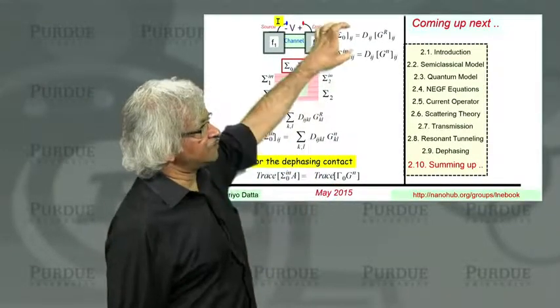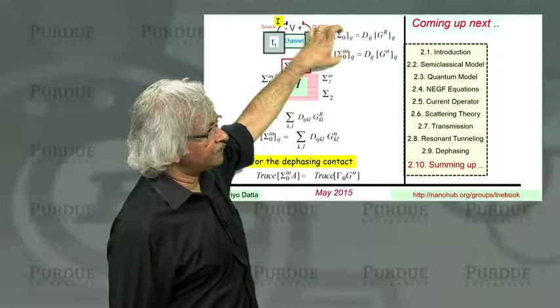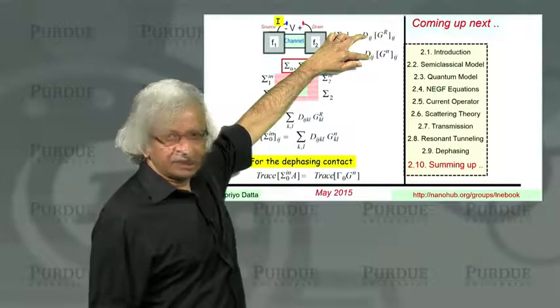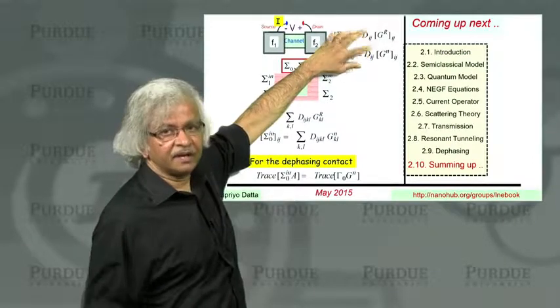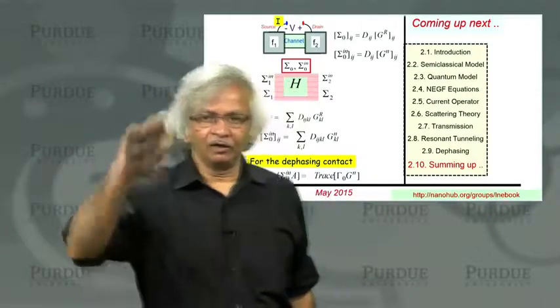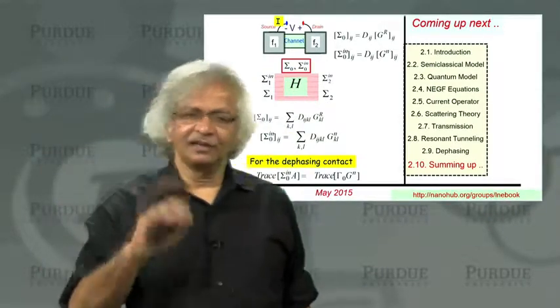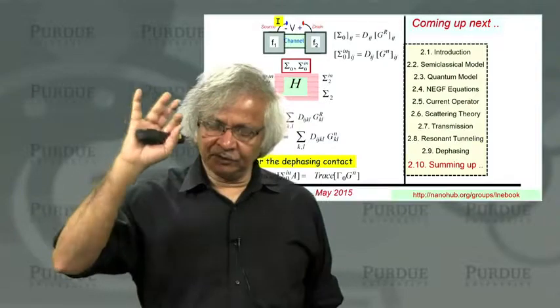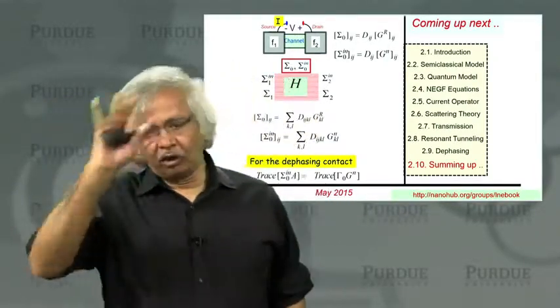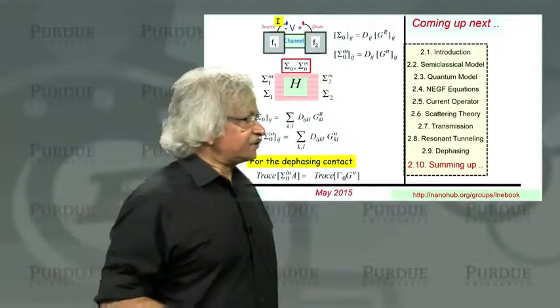This would be satisfied if you choose it according to this prescription, with the same D in both places, as long as it's a symmetric matrix. So any symmetric matrix would work. And what I showed you was two examples: one where it was a full matrix, all ones, and the other where it was a purely diagonal matrix, which gives rise to momentum relaxation, while the all-ones matrix gives rise to phase relaxation.